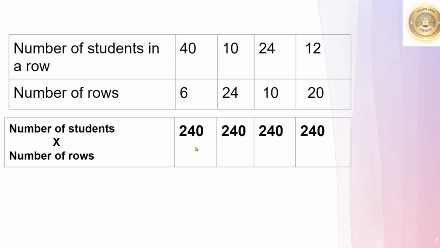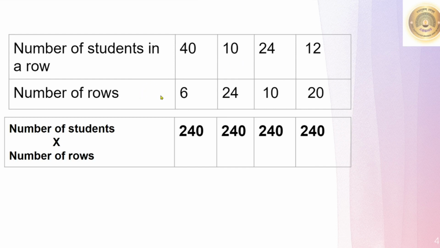So you can take this example as if there are 240 children in 8th standard and you are arranging them in rows. So if you have 6 rows, you have to have 40 children in one row. So when the number of rows increases to 24, the students in a row decreases to 10.